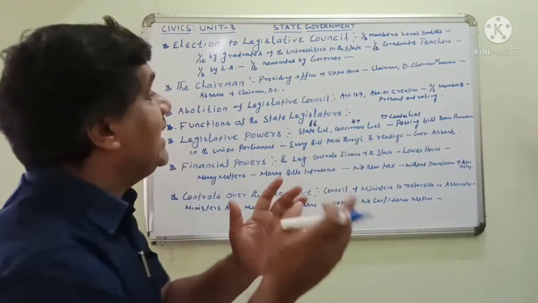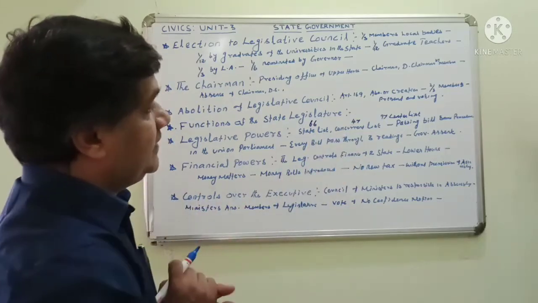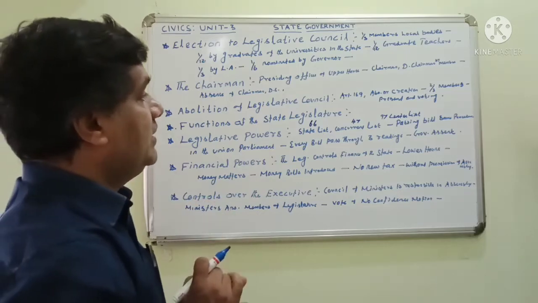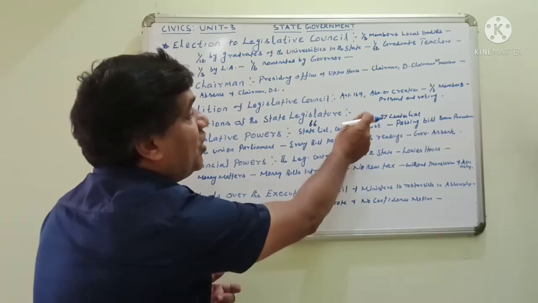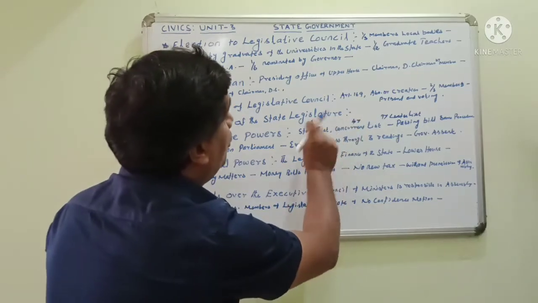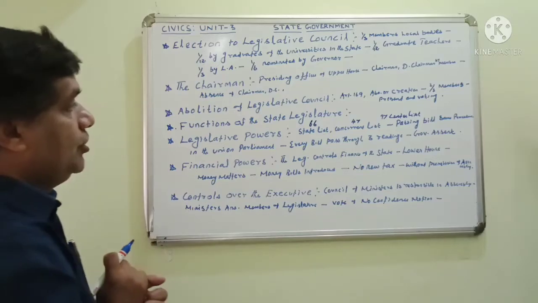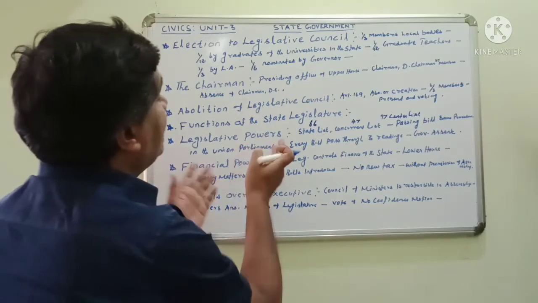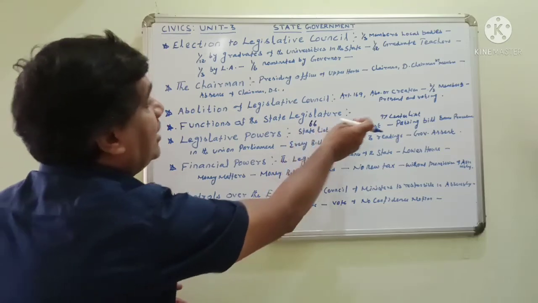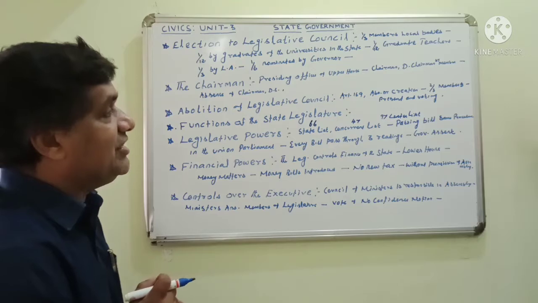Both the center and the state can legislate on these 47 subjects, which are common to the state list and central list. So the state legislature has powers over the 66 state subjects and also the concurrent list.